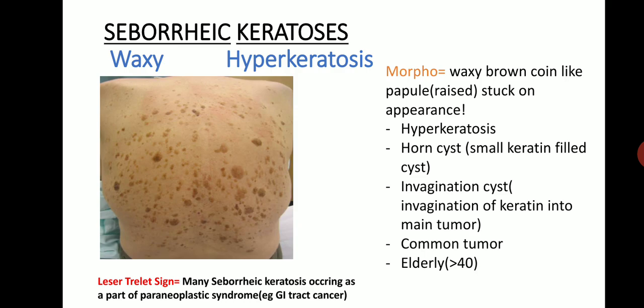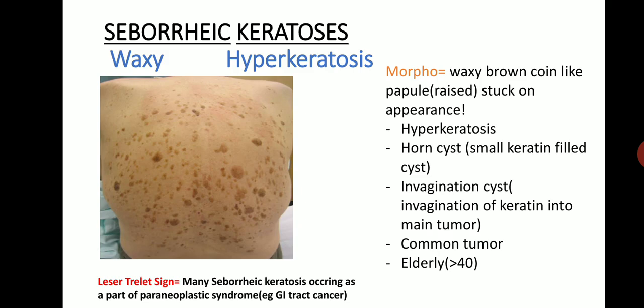Now next is seborrheic keratosis. Now the word seborrheic here does not mean sebaceous gland. Instead it refers to waxy appearance, and keratosis refers to hyperkeratosis. So it's a waxy coin-like lesion.